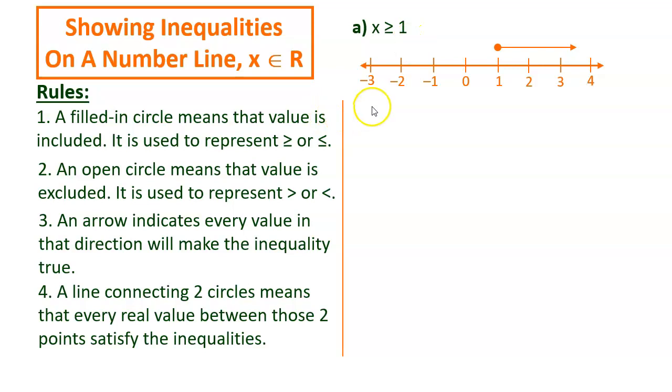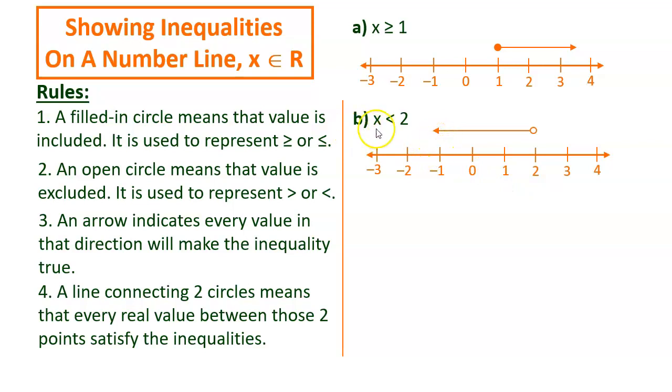Coming to the second example. x is less than 2. Now, it is less than, not including the equality sign, so we will take rule number 2. It will be an open circle on top of the number 2, and then the arrow, this time pointing towards the left because it is less than 2.